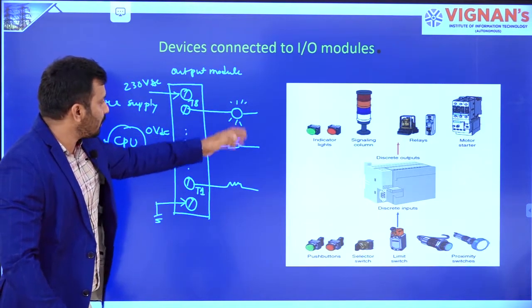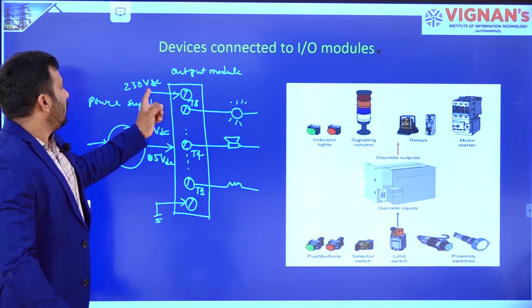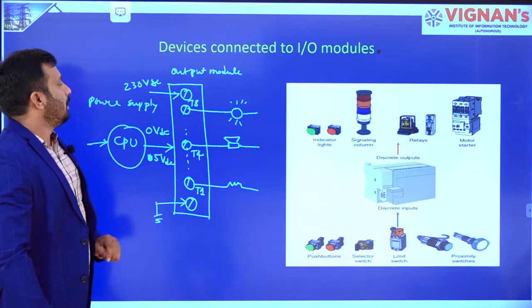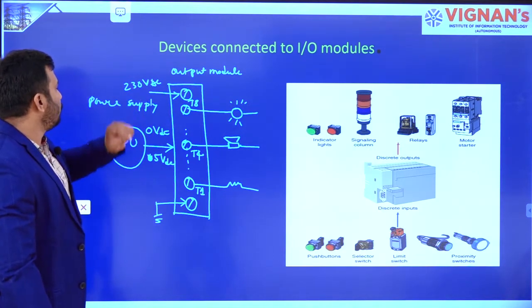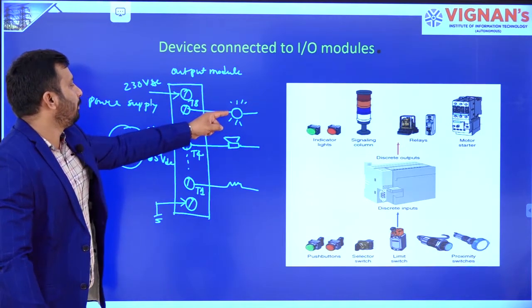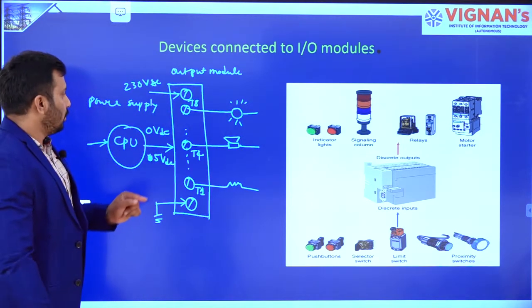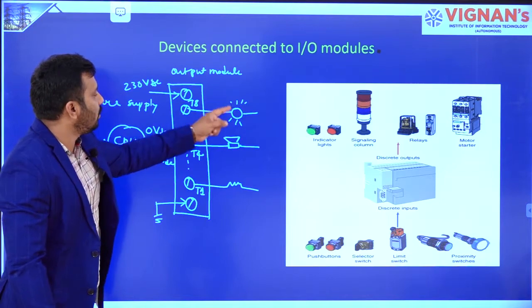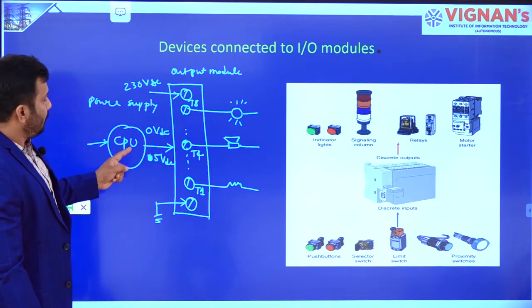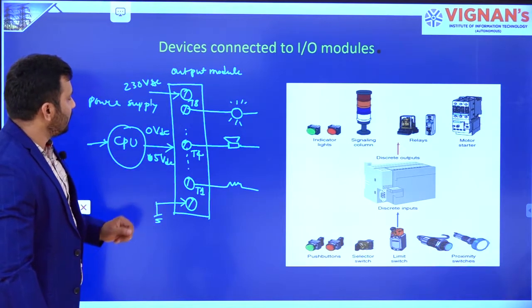For these loads, power is taken from the power terminal. For example, if you connect 230 volts AC to this terminal, this voltage is taken by the load. Whether the load is on or off depends on the CPU output, 0 volts or 5 volts, given as an input.